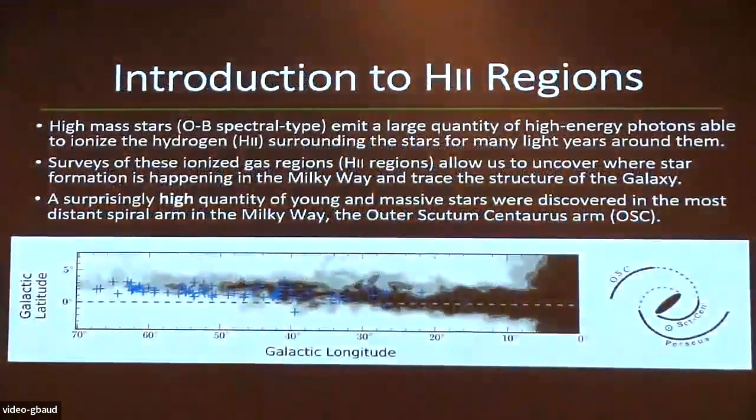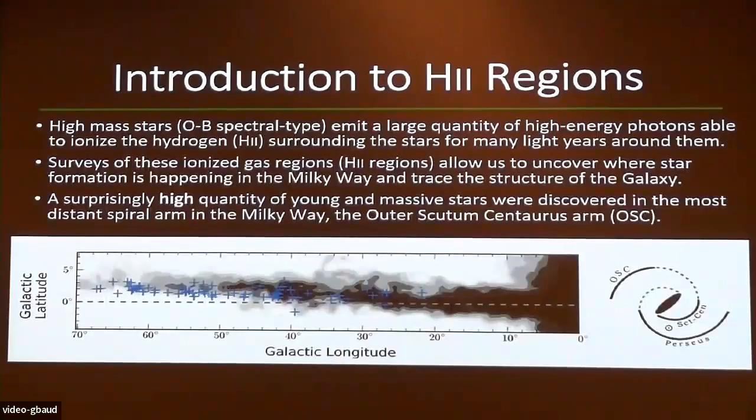So I'm going to tell you first what H2 regions are. H2 regions are big, massive regions of gas around a high-mass star, which has the particularity of emitting high-energy photons on a very big scale.